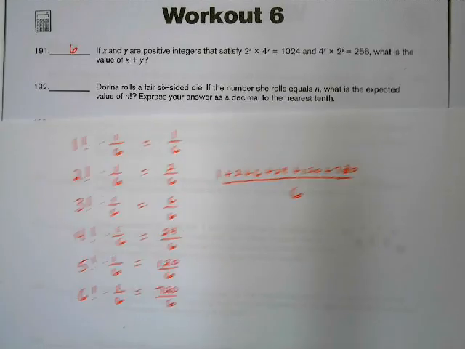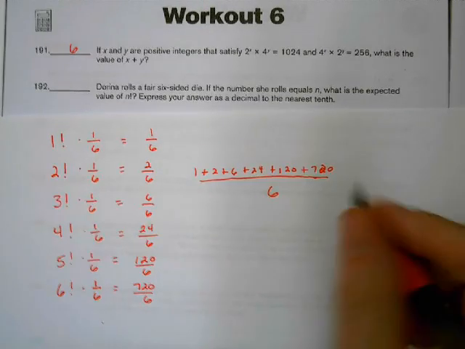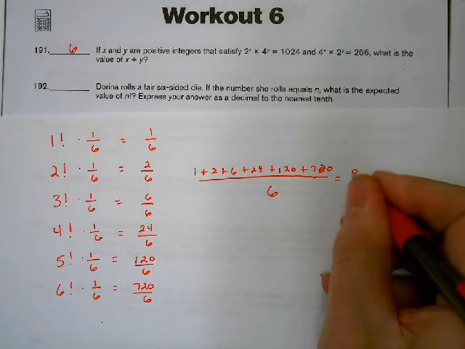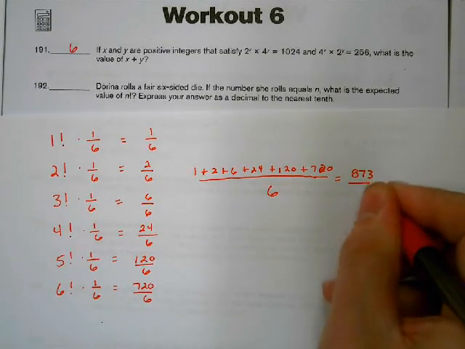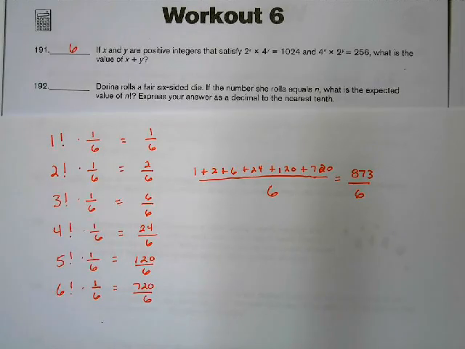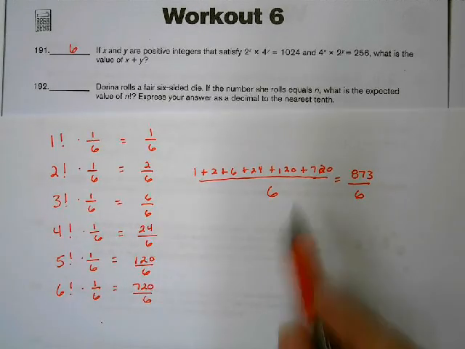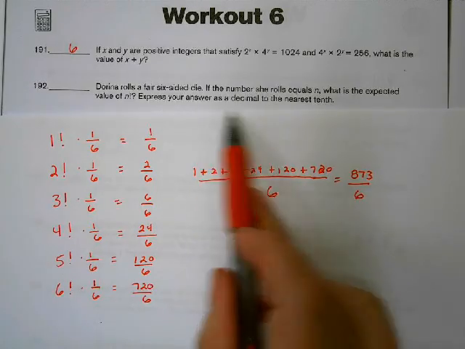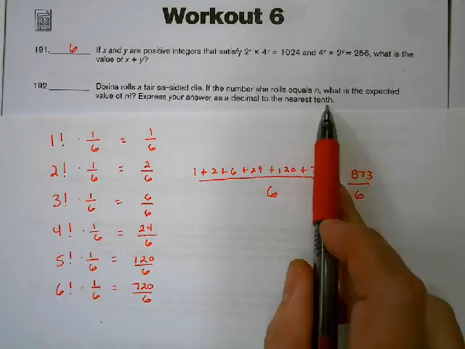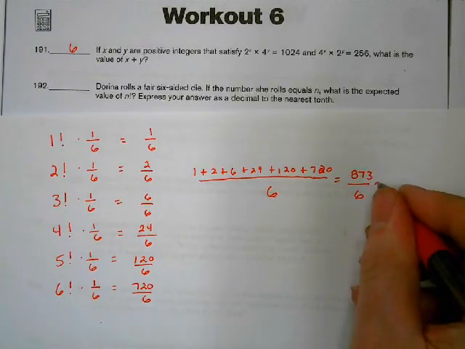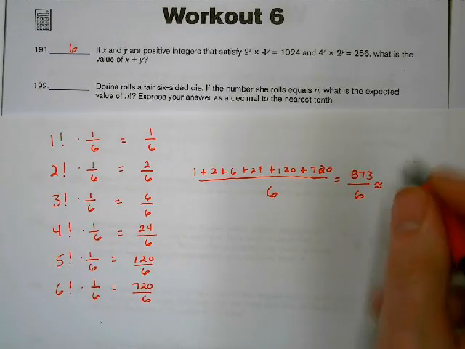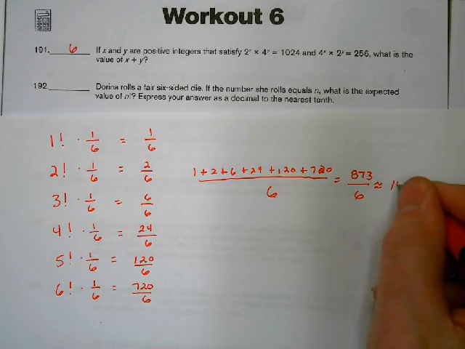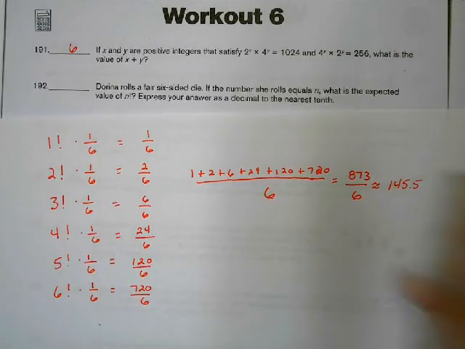I end up with 873 divided by 6. So that's why I didn't reduce these, because I knew I was going to divide all of them by 6. And this one says express your answer as a decimal to the nearest 10th. So on a calculator, if you plug this in, it comes out to about 145.5. And that's our answer.